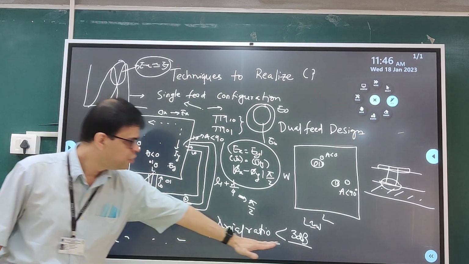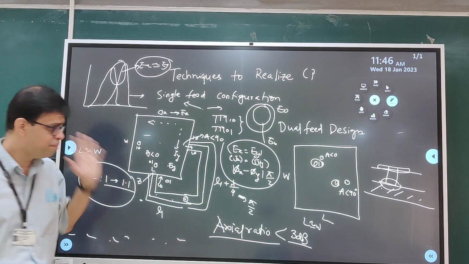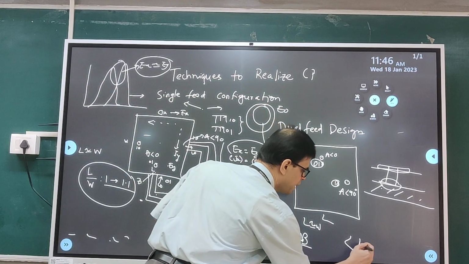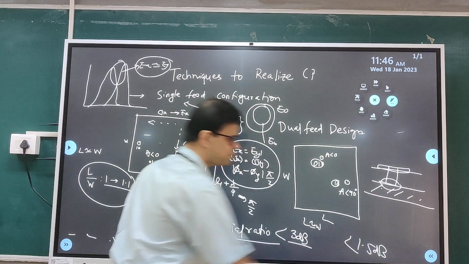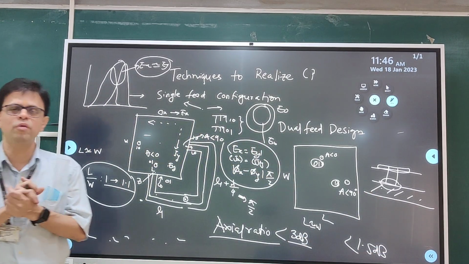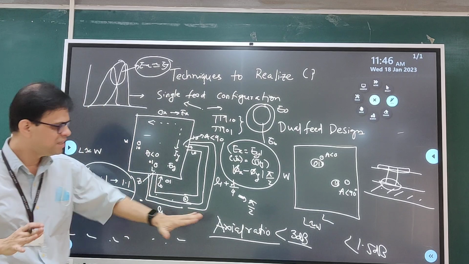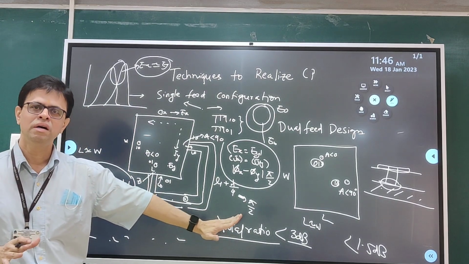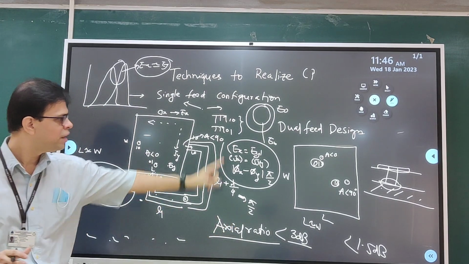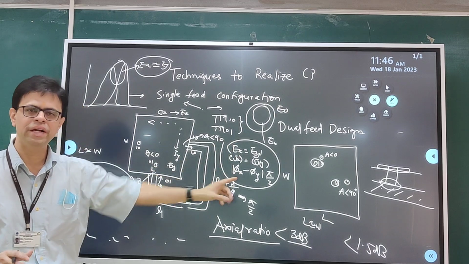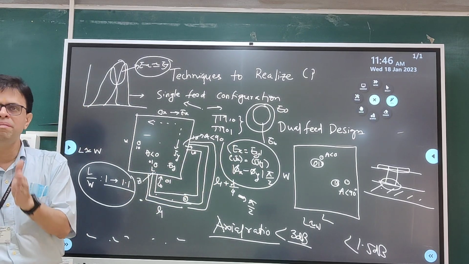So that is the way you define the axial ratio bandwidth. In good CP antennas, in fact, we consider that limit to be less than 1.5 dB. But generally we do accept a CP condition where, although these conditions are not met, the axial ratio remains within 3 dB.